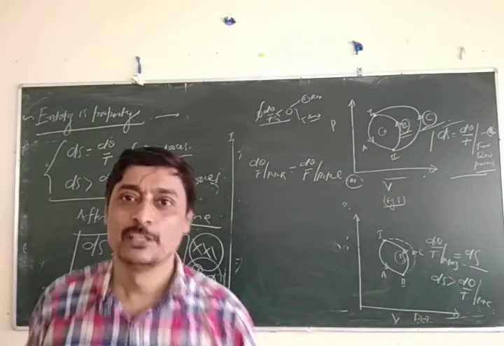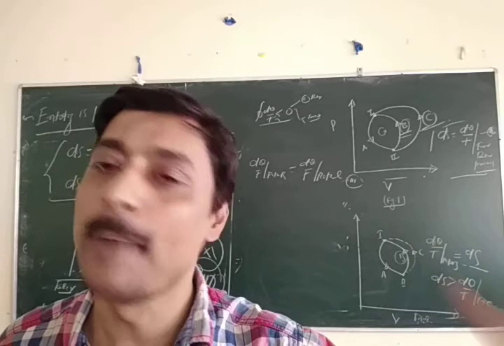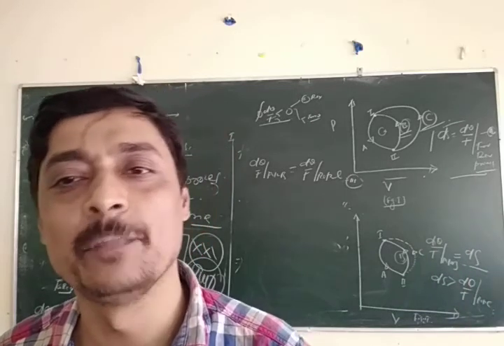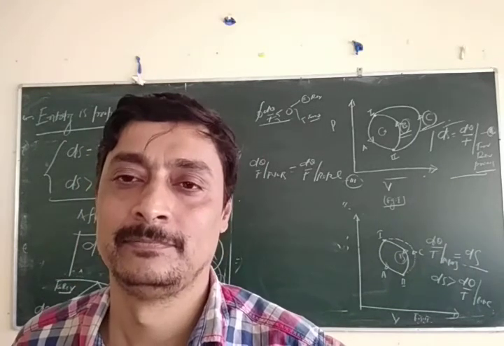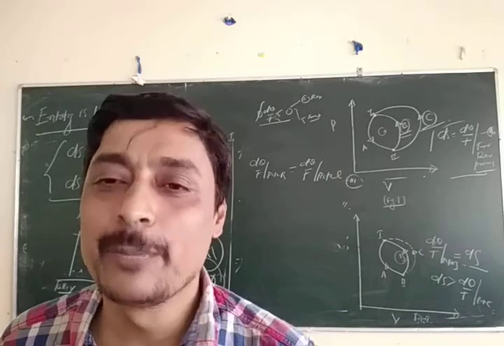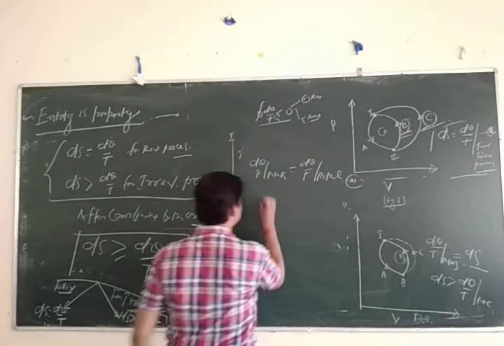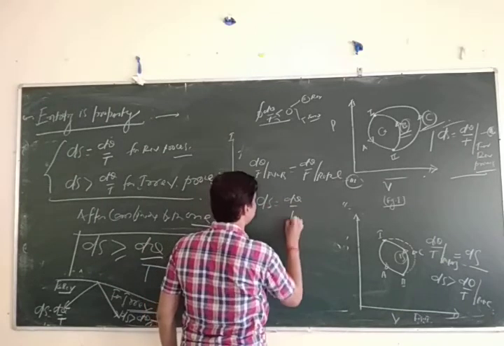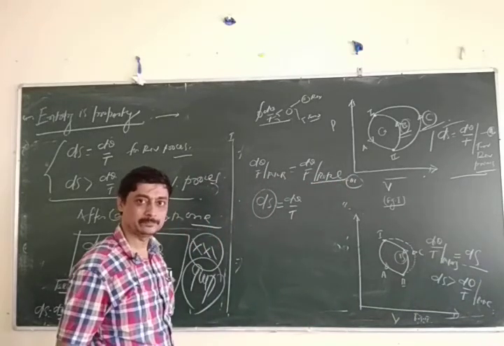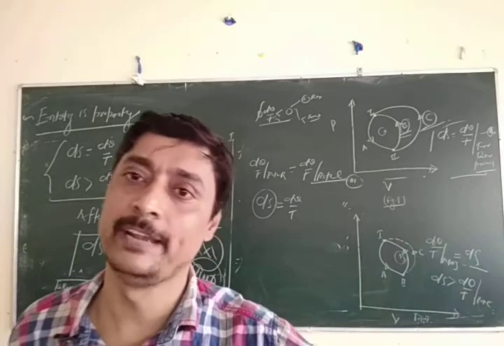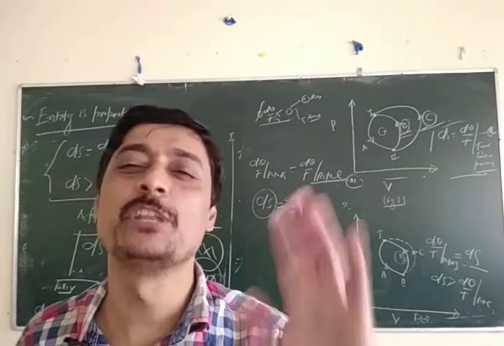And we can say that if the process is reversible, this quantity does not depend on the path. So whatever the quantity dq by T is, it does not depend on path. Even though the paths are different, the values are the same. Therefore, this quantity does not depend on path.